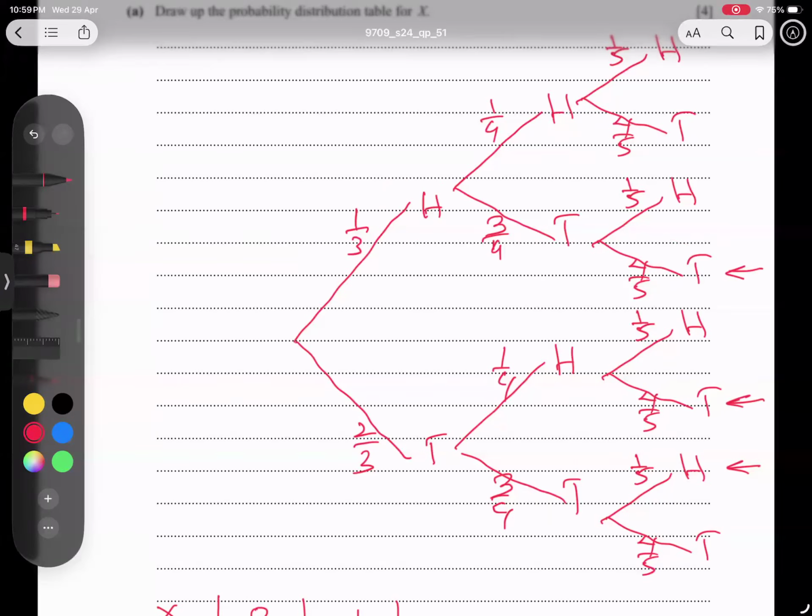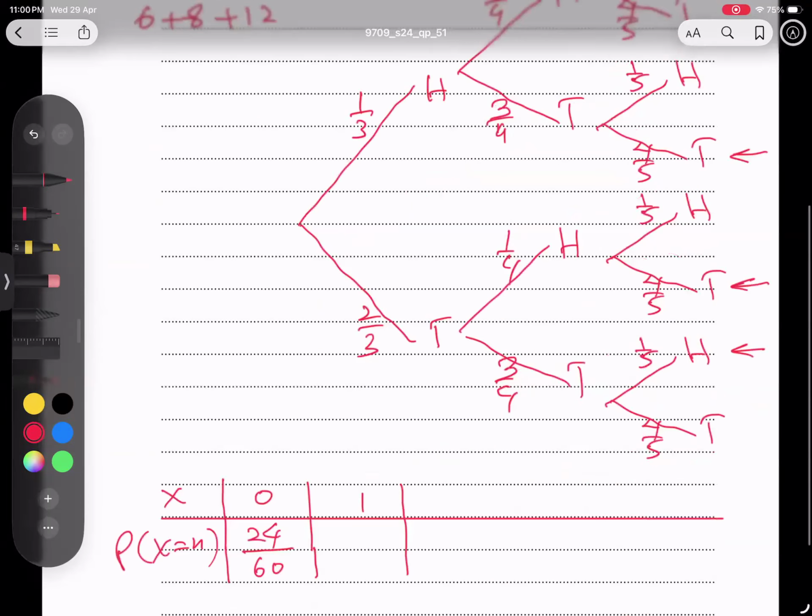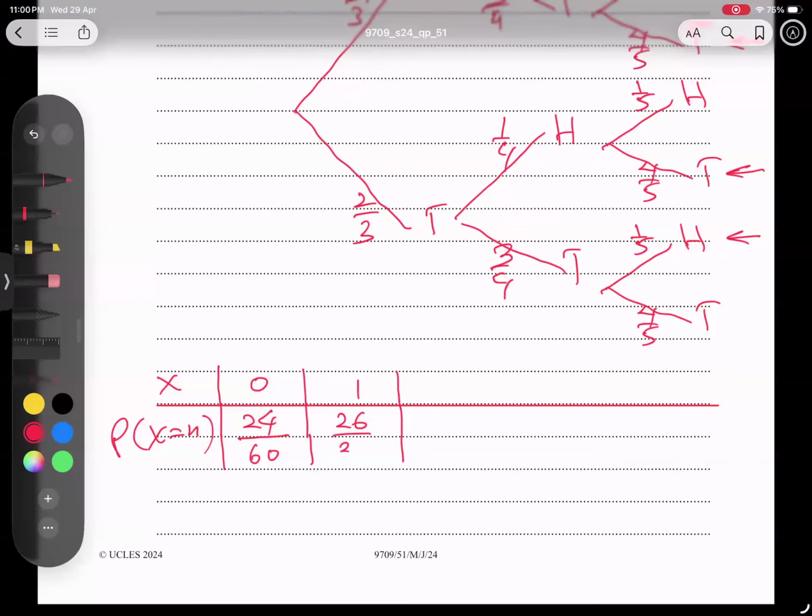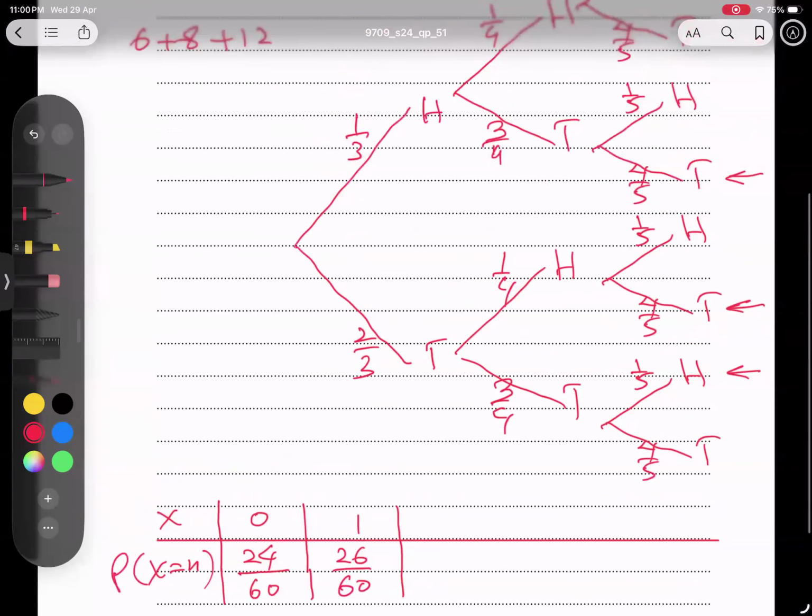So look, students, 1 3s are 3, 3 2s are 6. So we've got a 6 from here. Second branch, 4 1s are 4, 4 2s are 8. Here, 4 3s are 12 and 12 1s are 12. And I'm getting 26. So 26 over 60. I'm not caring about denominators because that is common sense, 60.